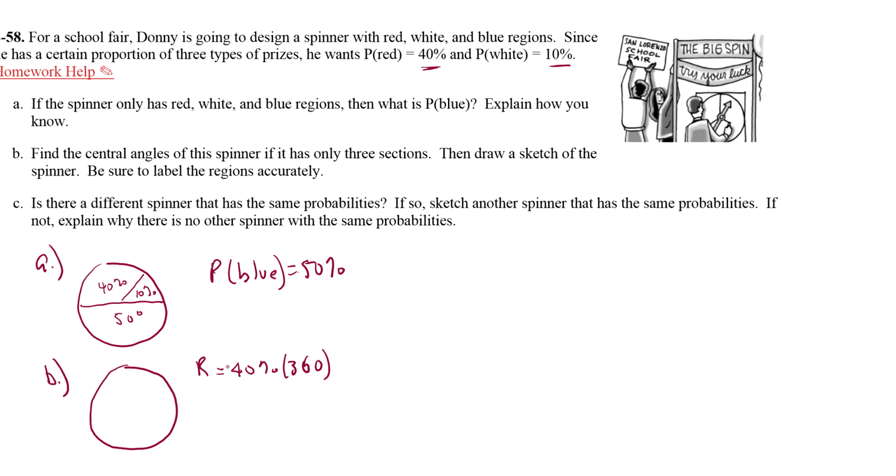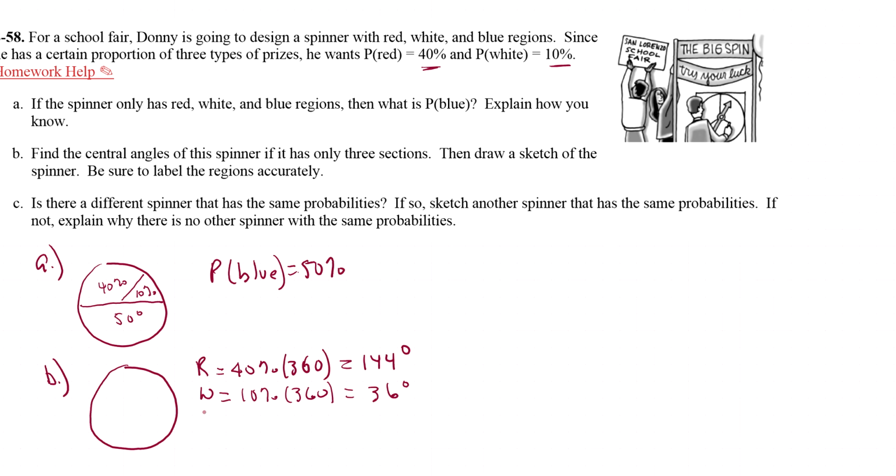And so when you do 0.4 times 360, you get 144 degrees. And then let me do the white one next. White is going to be 10% of 360, which is 36.